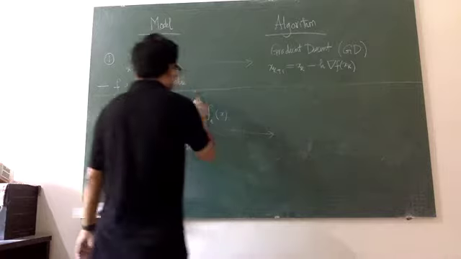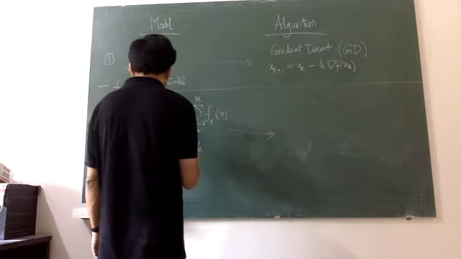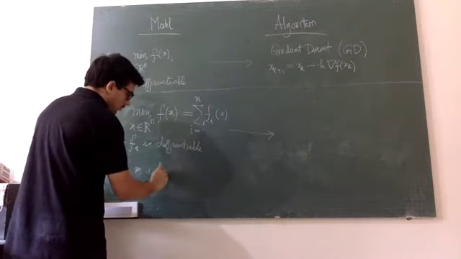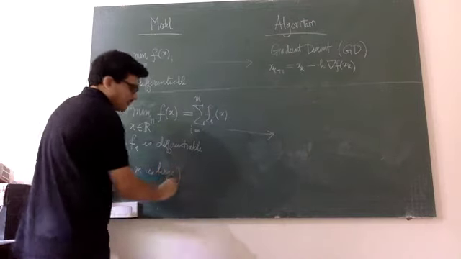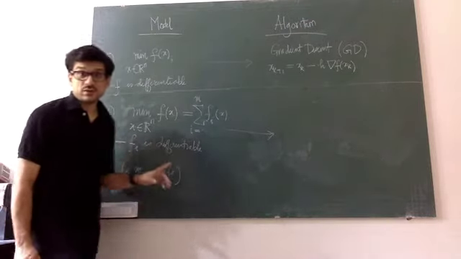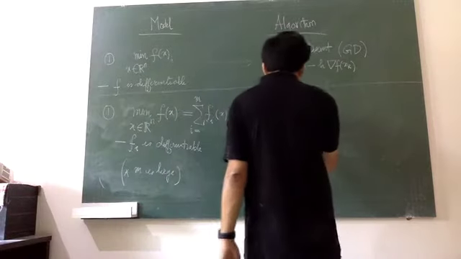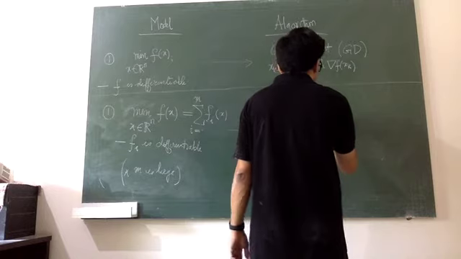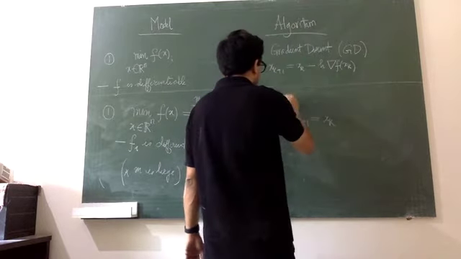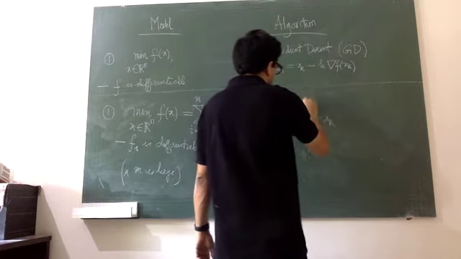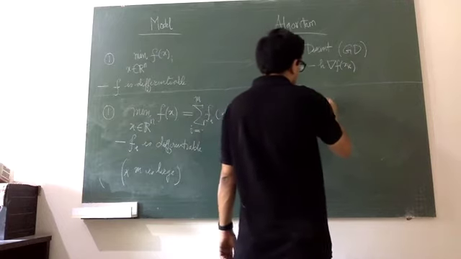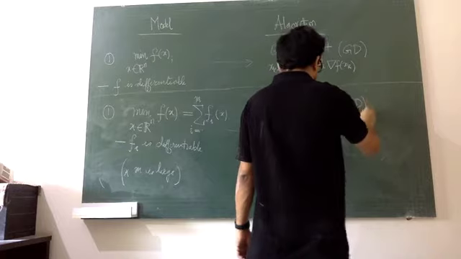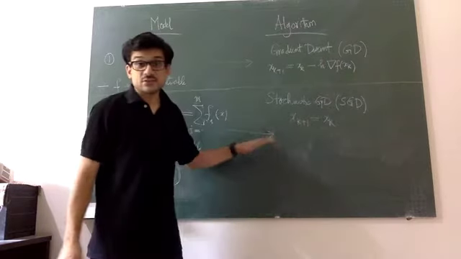So what people do is they use what is called SGD for this model. The idea is that m is large. If m is small, I would not bother to do this. It's called SGD, stochastic gradient descent.